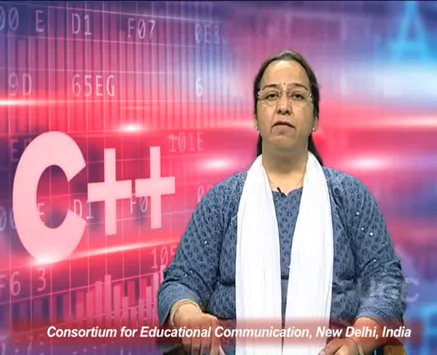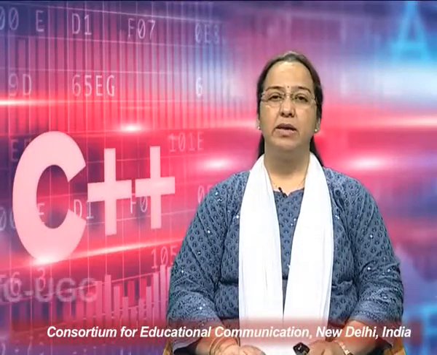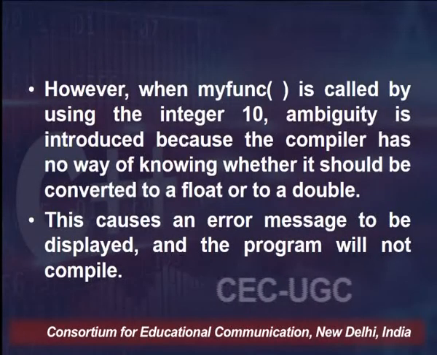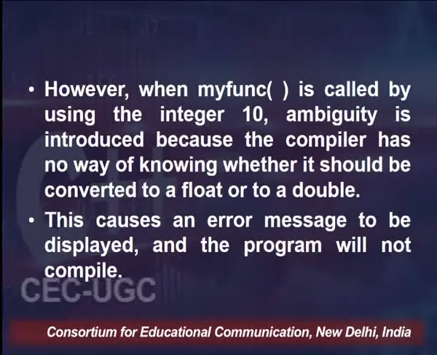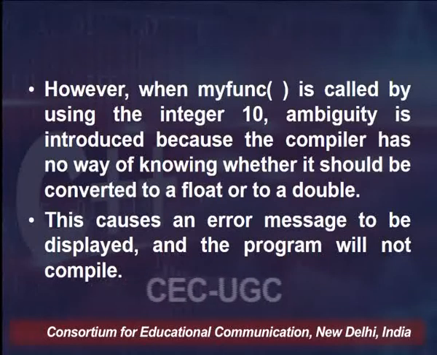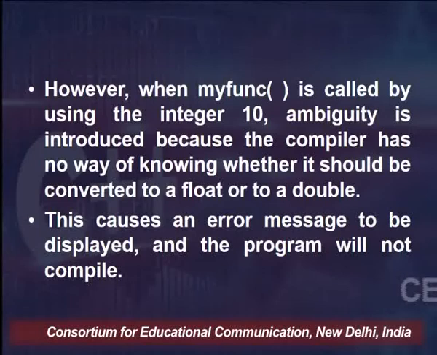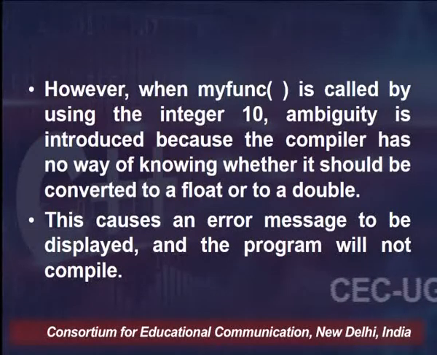But when we are calling it with an integer, ambiguity is introduced because the compiler has no way of determining whether to call the float version or the double version. So in the second call, myfunc 10 will cause an error message to be displayed and the program will not compile.